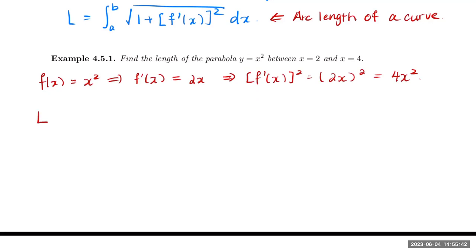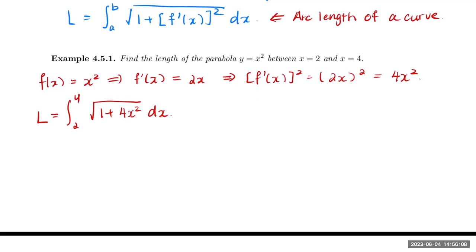So we have the length, the integral from a to b, or from 2 to 4, of the square root of 1 plus 4x squared dx. So this one we could actually solve by using a trig substitution.